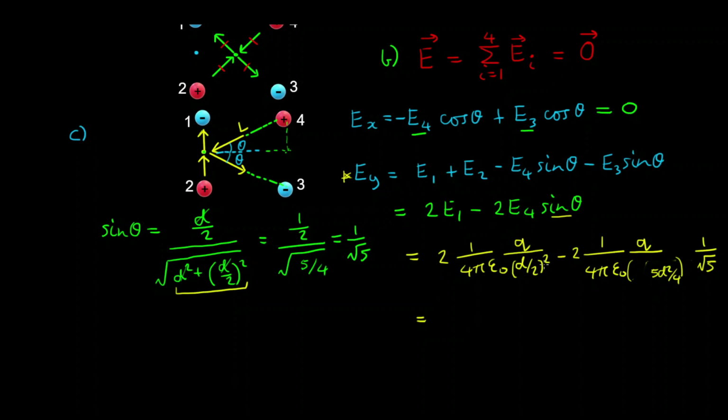So 2 squared is 4, which will cancel with this 4. So we end up with 2q over pi epsilon naught d squared. And then we have minus 4 on 4 cancels. So we get 2 multiplied by q over pi epsilon naught. And then we have 5 by root 5 d squared.